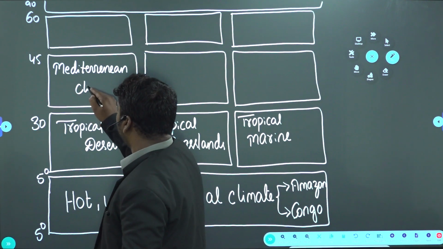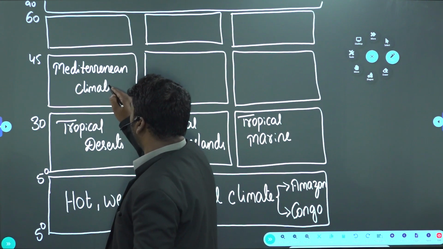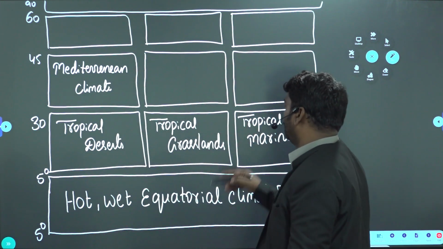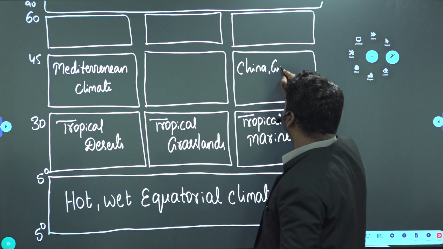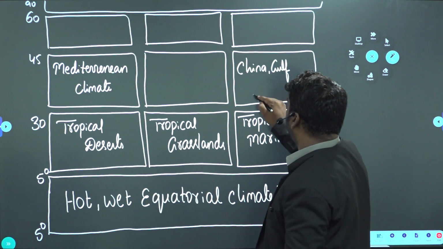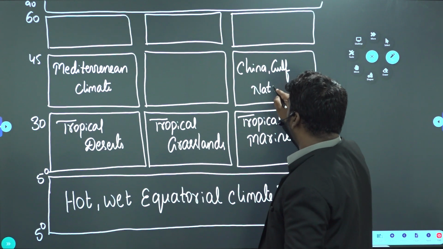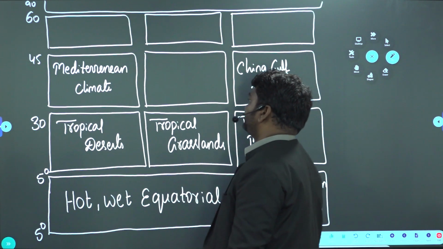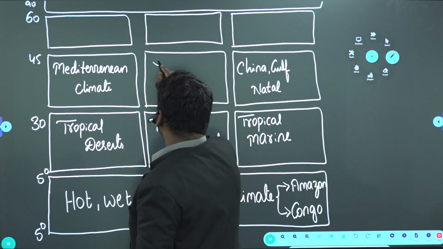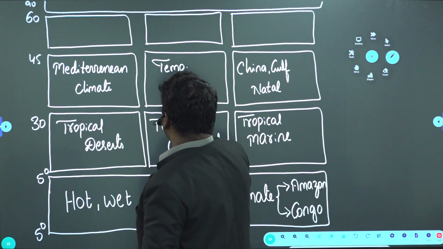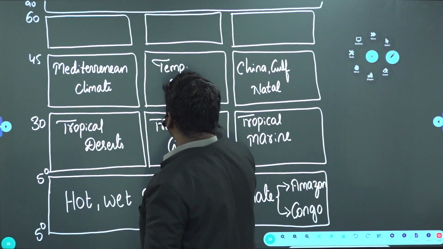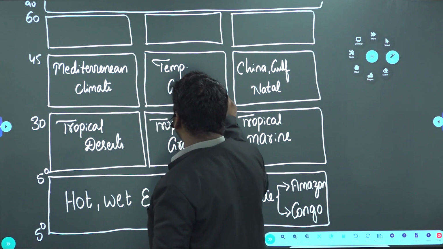Mediterranean climate. China, Gulf type, Natal type. What is this? Temperate grasslands.